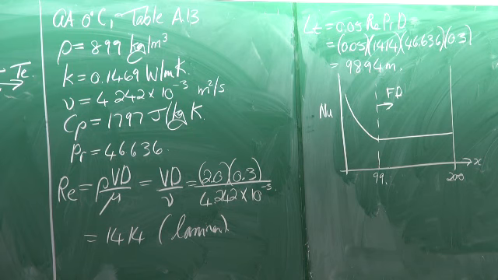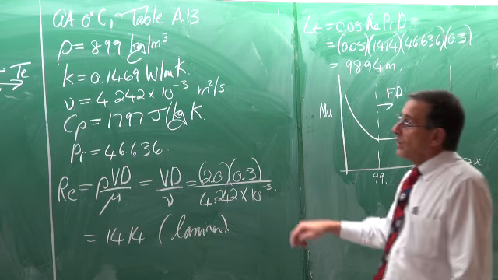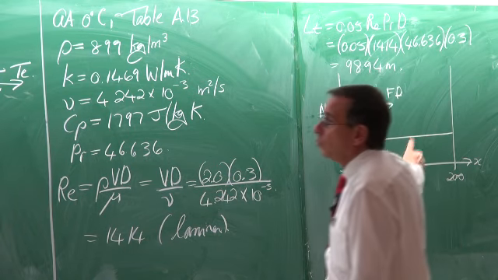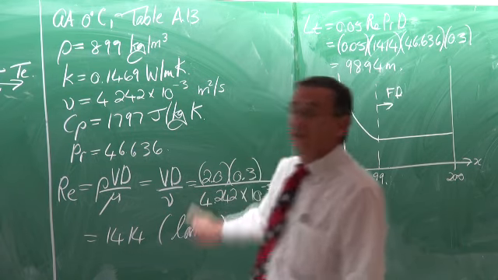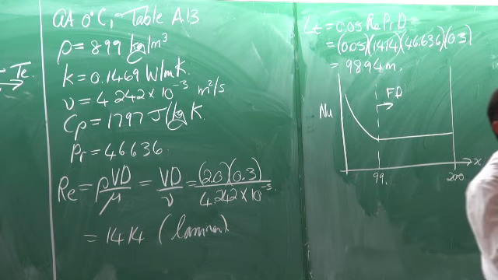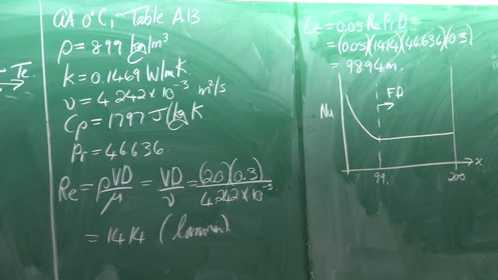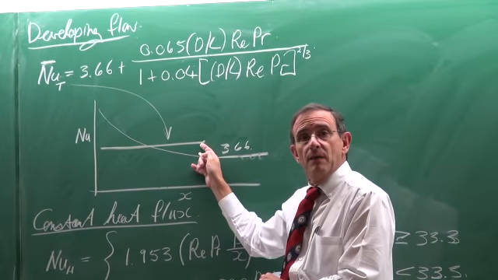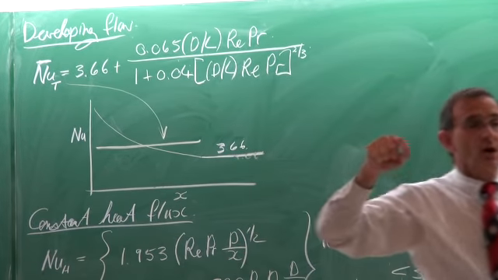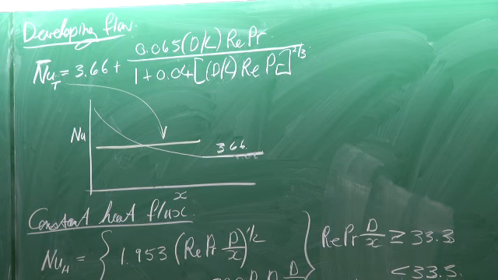Okay. So we cannot now just say, well, it's a constant wall temperature and therefore the Nusselt number is 3.66. We cannot do that. We have to use the Edwards equation to take into consideration the flow that is developing. And that equation will give us the average Nusselt number, which is very handy.